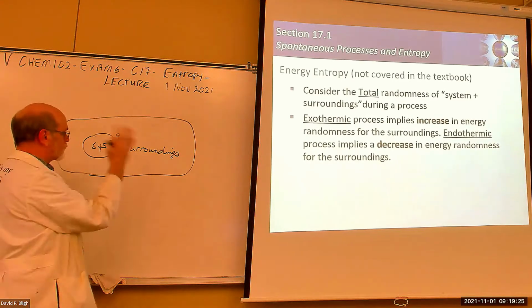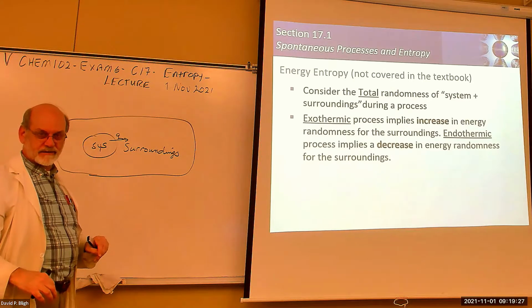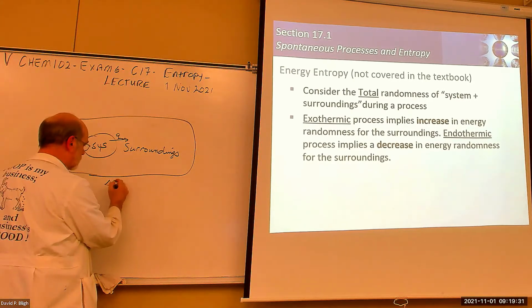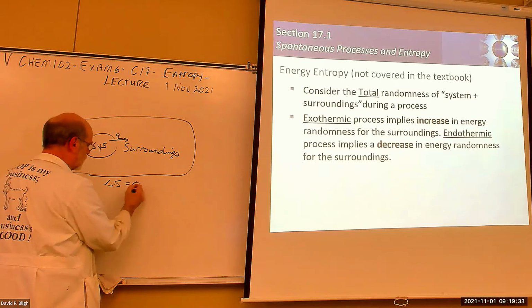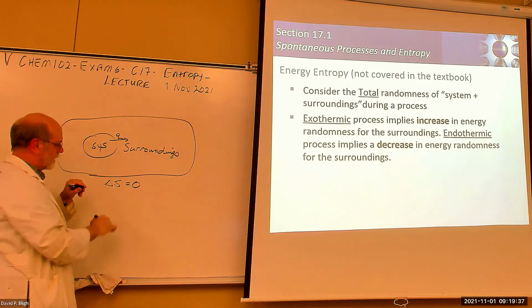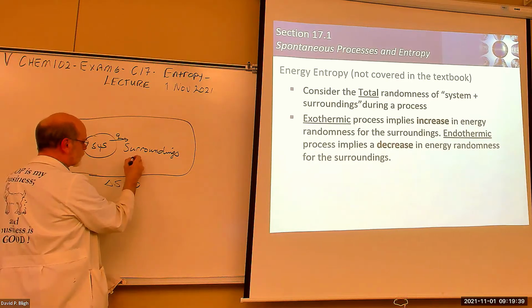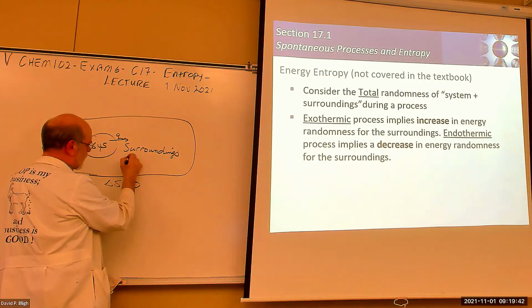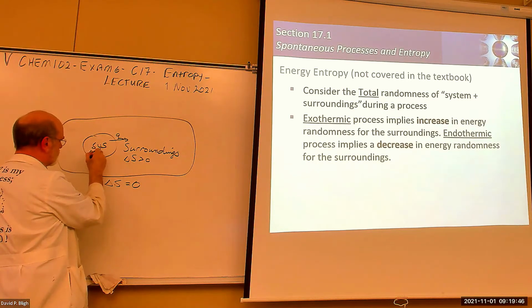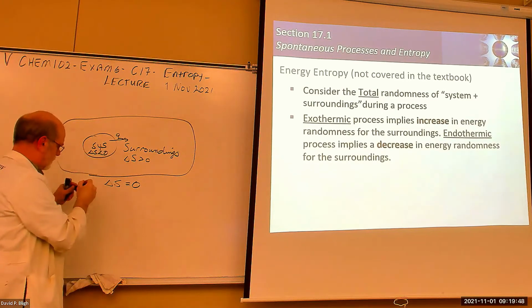But the total entropy is constant, right? So there's no change in entropy for this whole system and surroundings. But inside here, the change in entropy is greater than zero, and the change in entropy here is less than zero.